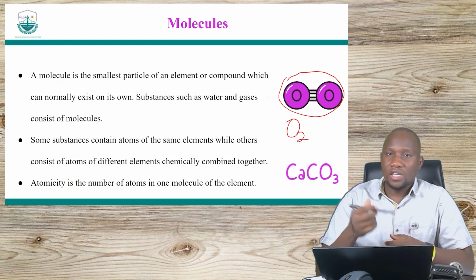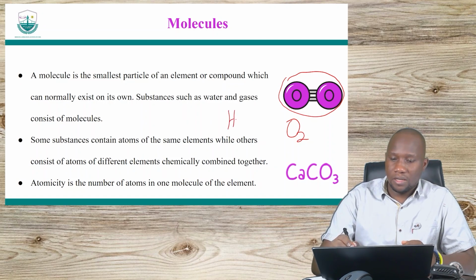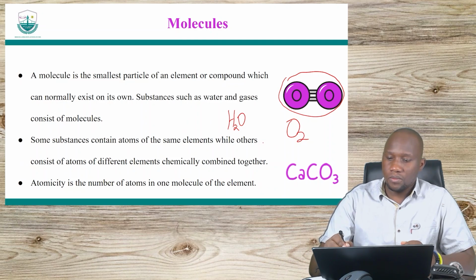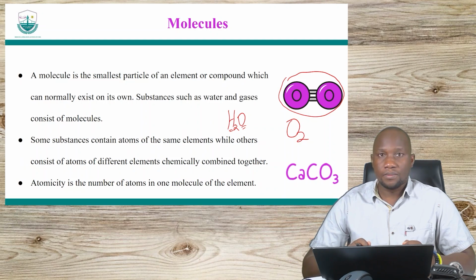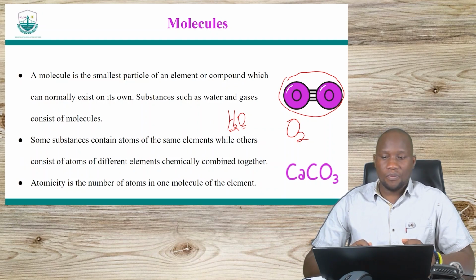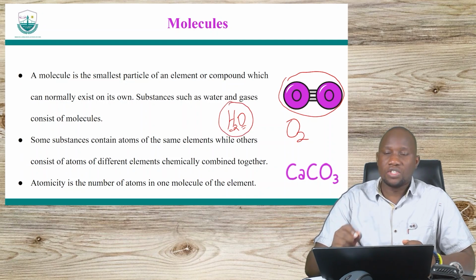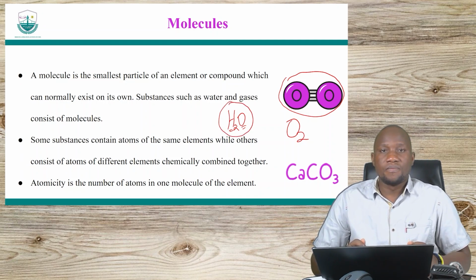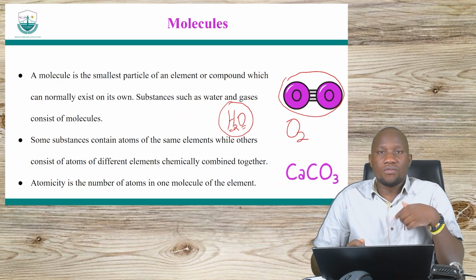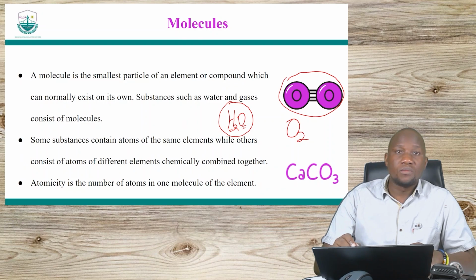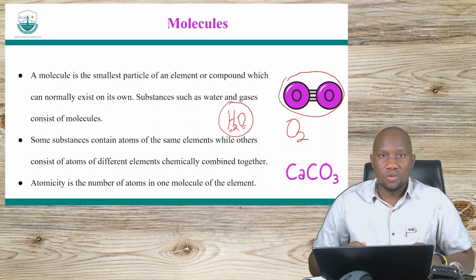Okay, so the molecule of water is H2O, meaning that you will have one oxygen atom combining with two hydrogen atoms to form one molecule of water. Okay, and this example here is an illustration of another thing that you can have. You can have a molecule that consists of two different types of atoms, and in this case we have the oxygen atom, and then you also have the hydrogen atom, the two hydrogen atoms.